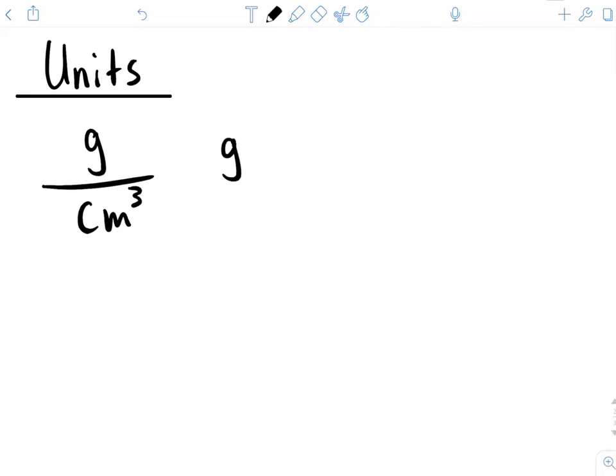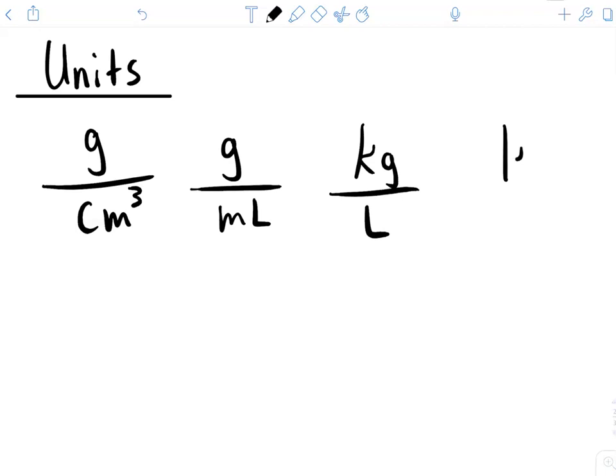You could see grams over milliliters. You could see kilograms over liters. You could see kilograms over meters cubed. These are some of the most popular ones that you're going to see. But again, as long as you have your mass and then you have your volume, that's what you are concerned with.